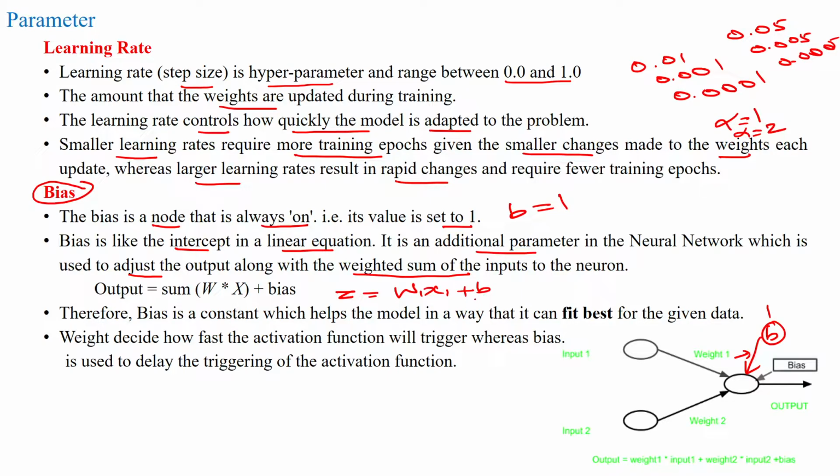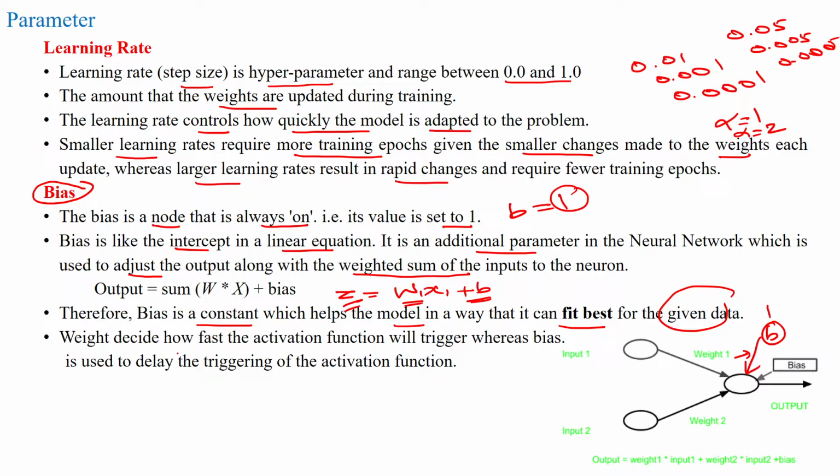So here the bias is used to adjust the value of the output along with the weighted sum. Then bias is called constant because its value is 1, which helps the model to become the best fit for given input data set.